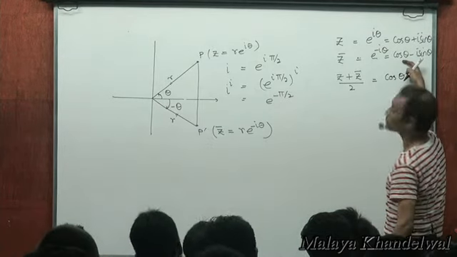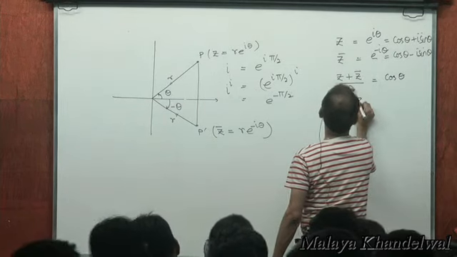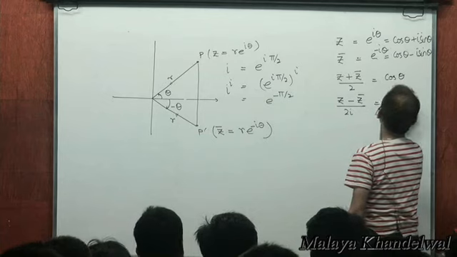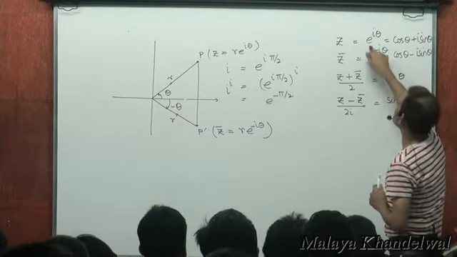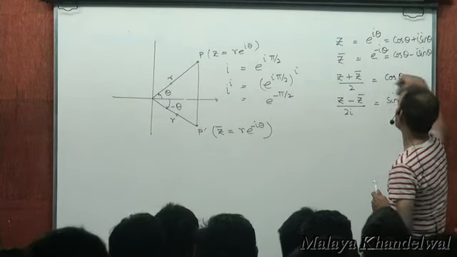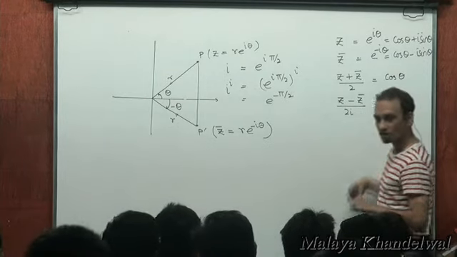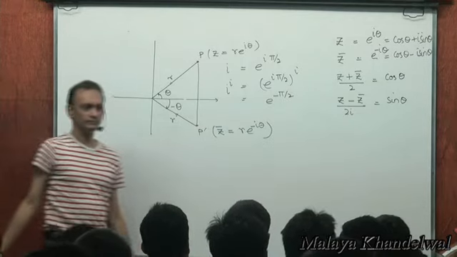Z plus z bar by 2 is going to be cos theta. And z minus z bar by 2i is going to be sin theta, where z is e power i theta. If z is chosen as e power i theta, then cos theta is z plus z bar by 2 and sin theta is z minus z bar by 2i. Yes or no? Do you all understand this? Yes.